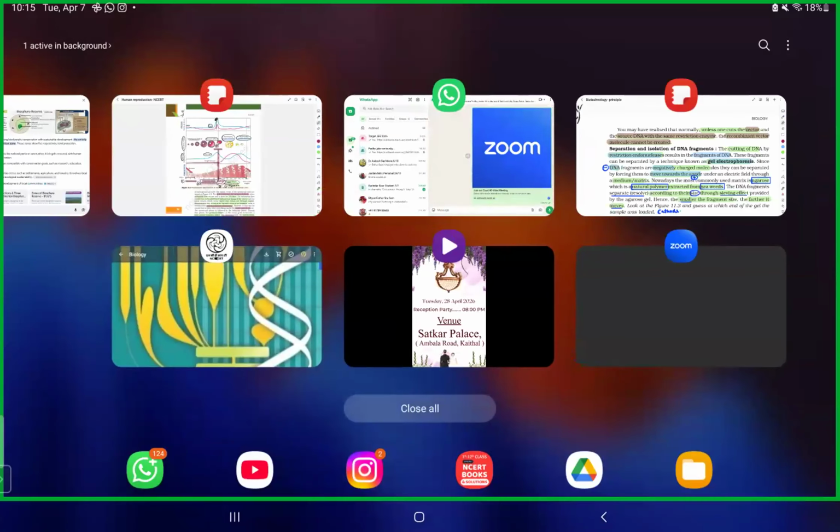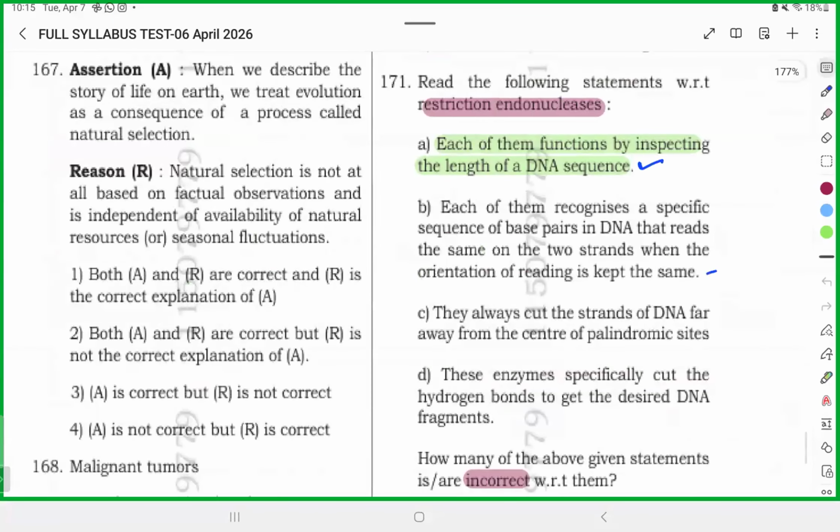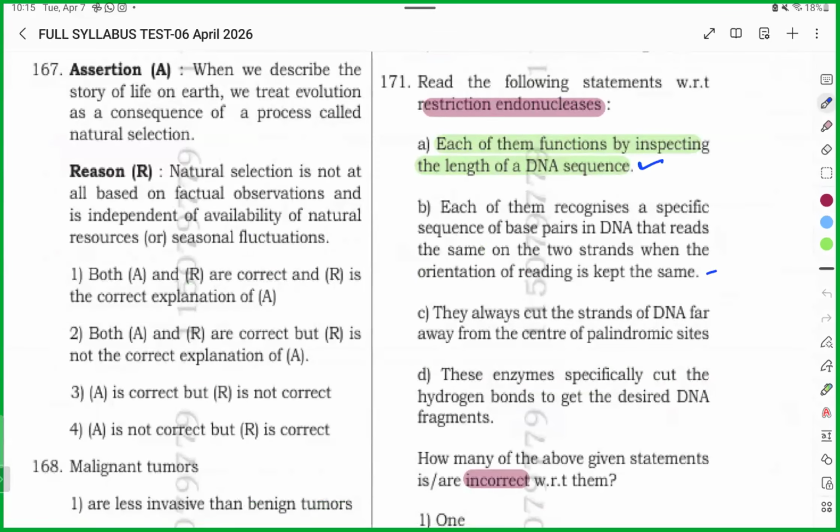If you understood this well, Anvita, tell me this answer. Full topic. First statement correct. Second statement. True, sir. Third: they cut the DNA strand far away from the center of the palindromic site.